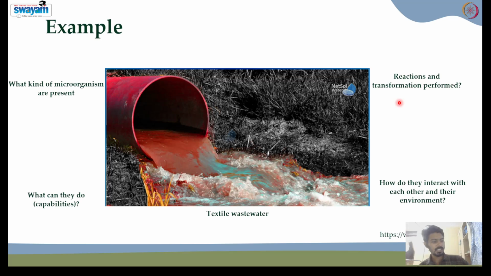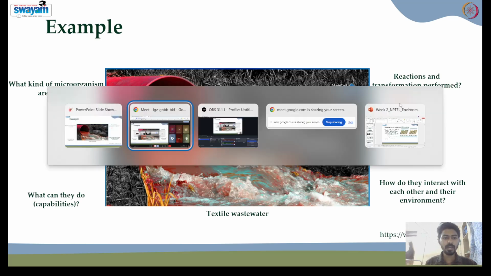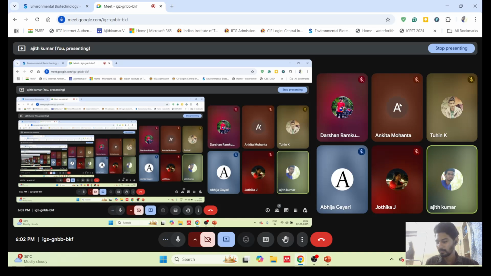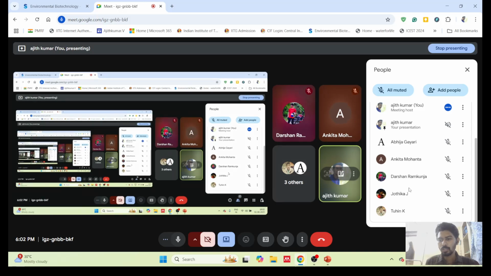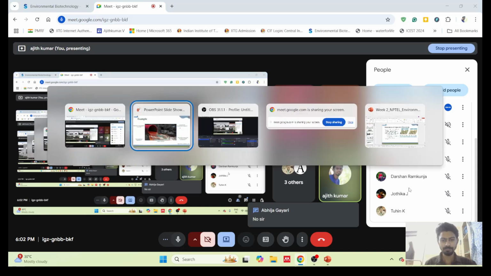So till this, do you have any doubts? Understanding these microbial ecology concepts and these four questions, do you have any doubts? Okay, Abhija.